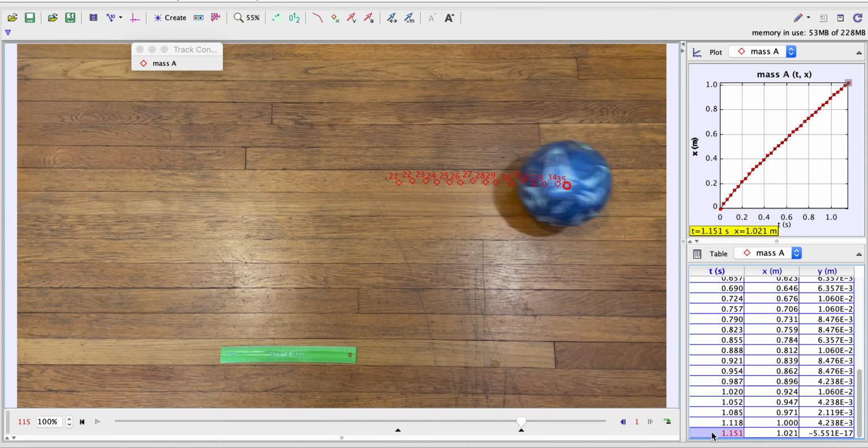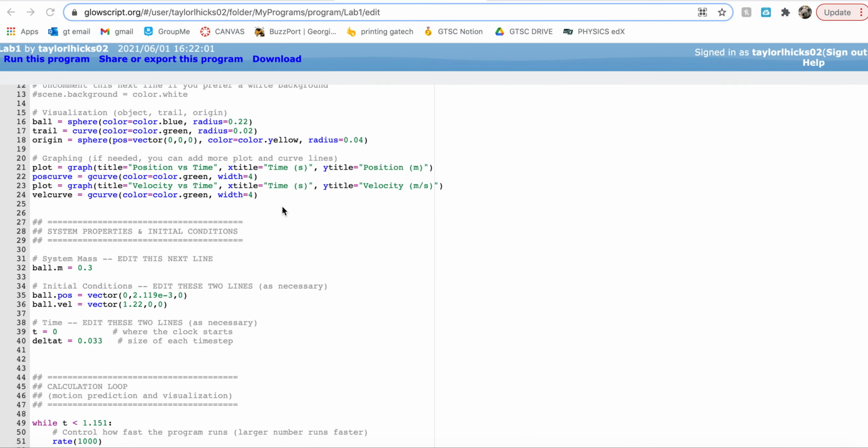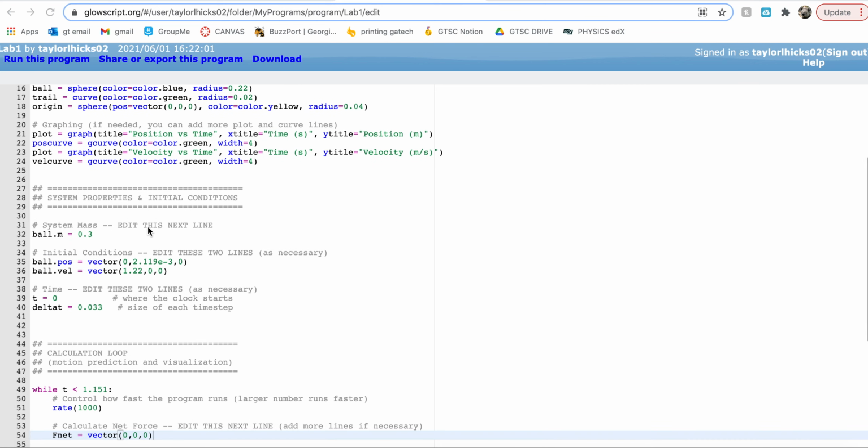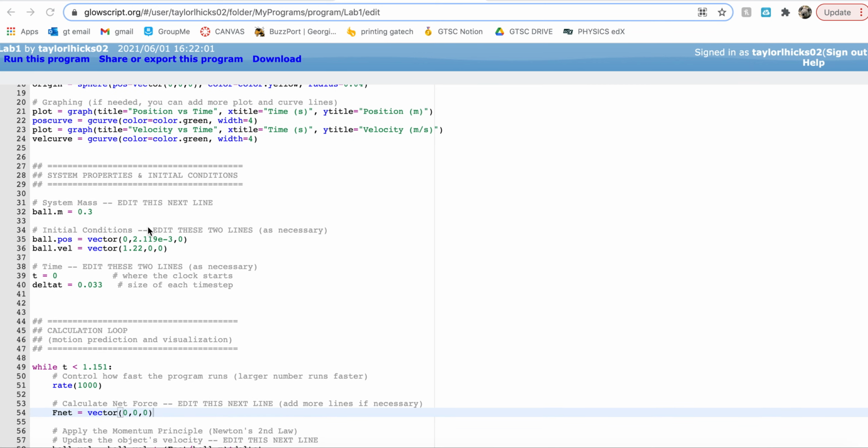Using the findings from Tracker, I can then move to GlowScript to model this constant velocity motion on the computer. I have changed a few of the values in the startup code to match the data points that we have observed in Tracker. I've changed the ball's mass to be 0.3 kilograms.